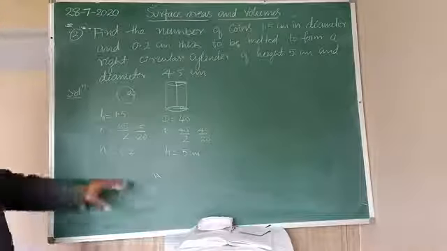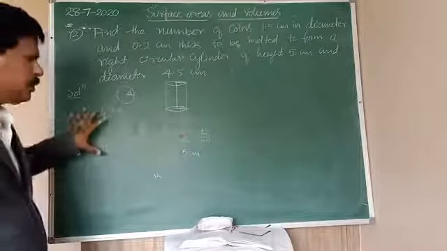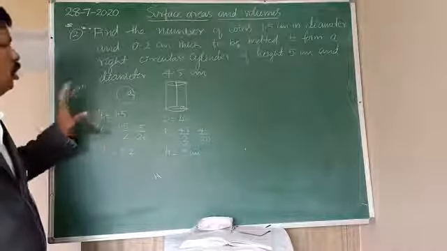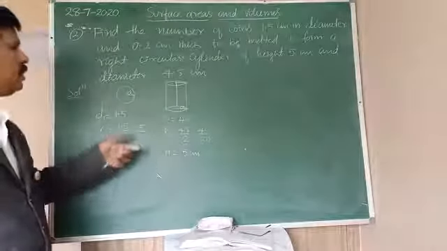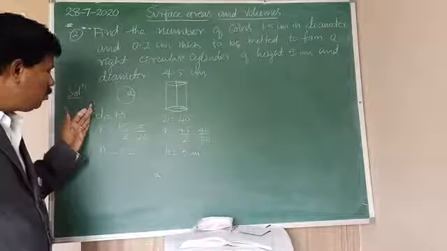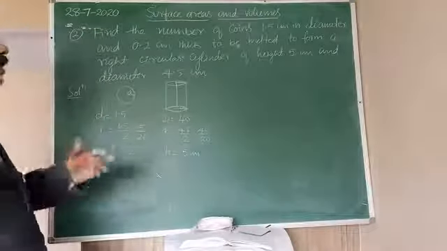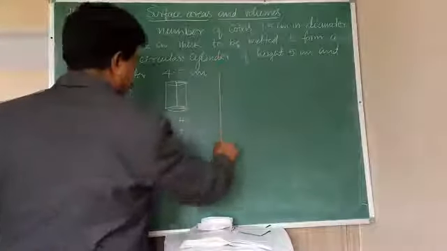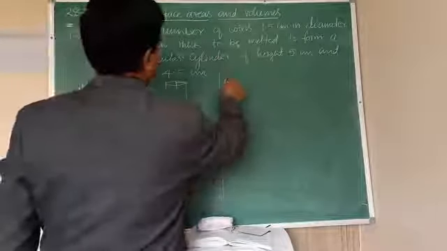Now this is the bigger one and this is the smaller one. Now how many coins we want? That means divide the volume of this cylinder by the volume of one coin, then you will get the required answer.